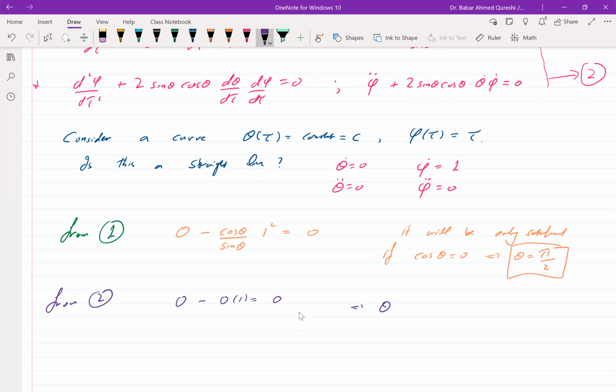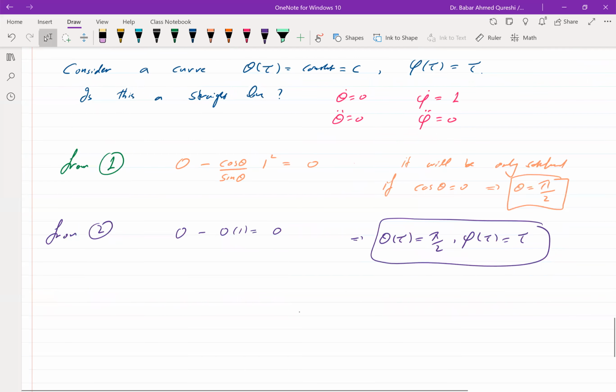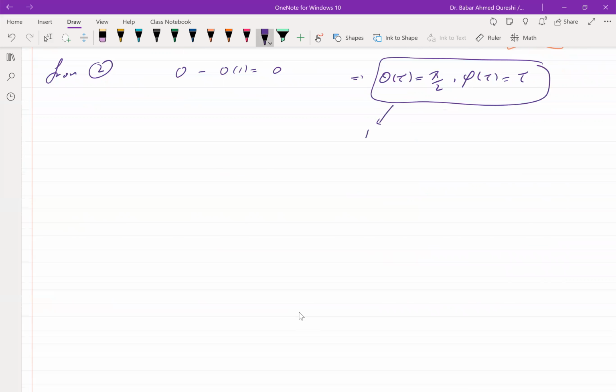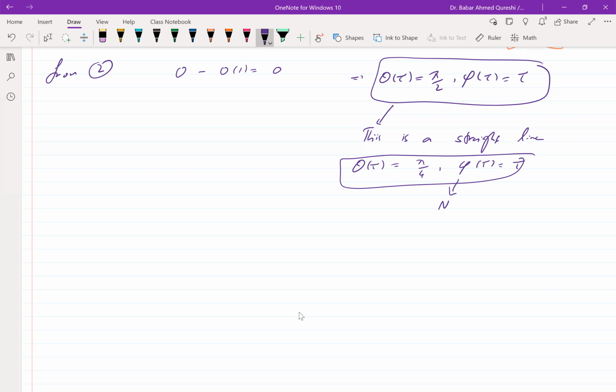That means this curve, phi of tau is tau, is a straight line. But any other value, let's say pi by 4, is not a straight line.